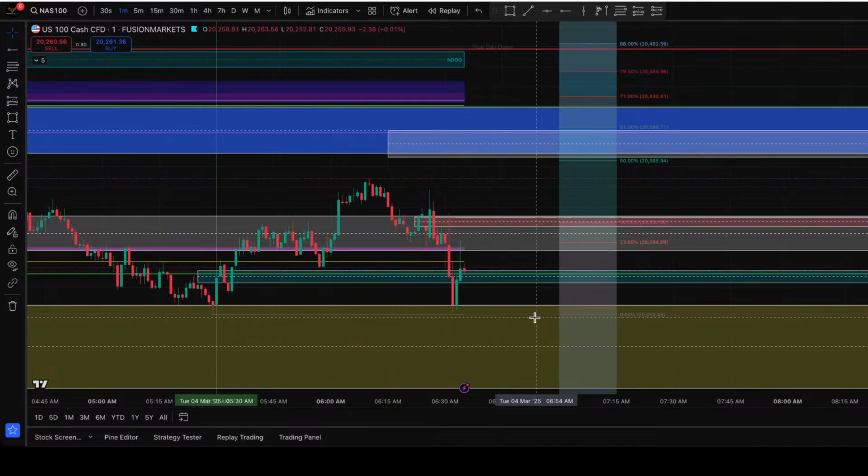So nothing's changed. Still want to see it take these lows, then punch up into this blue zone. Come on down.